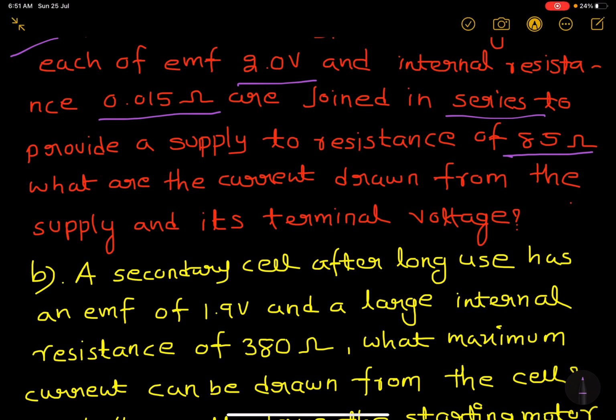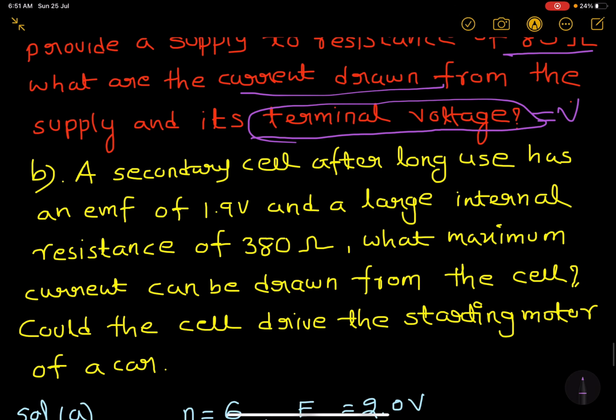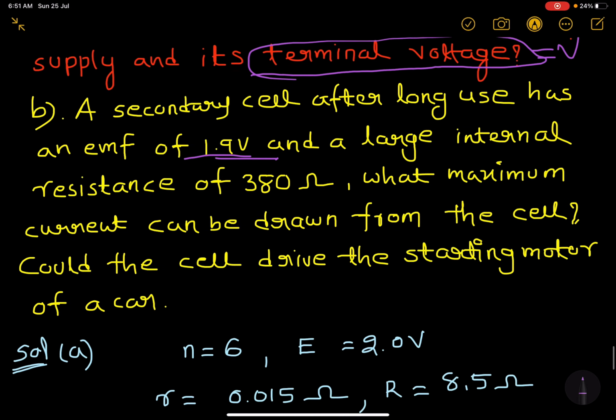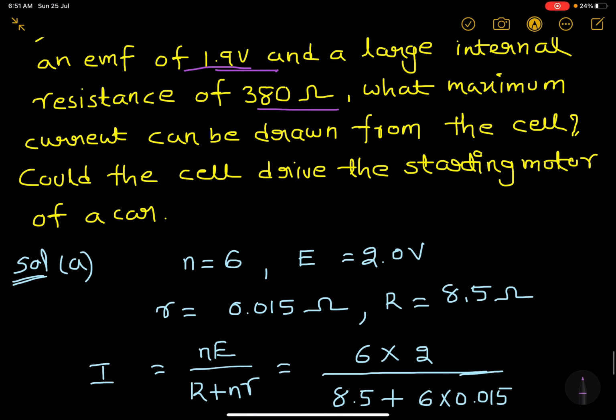What is the current drawn from the supply? And its terminal voltage, V. One more question: a secondary cell after long use has an EMF of 1.9 volts and a large internal resistance of 380 ohms. What maximum current can be drawn from the cell? Could the cell drive the starting motor of a car?